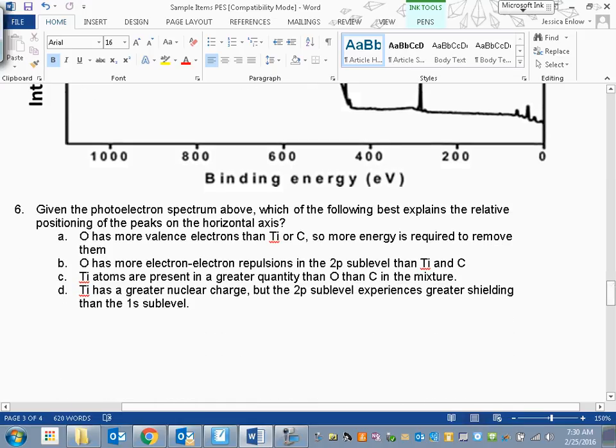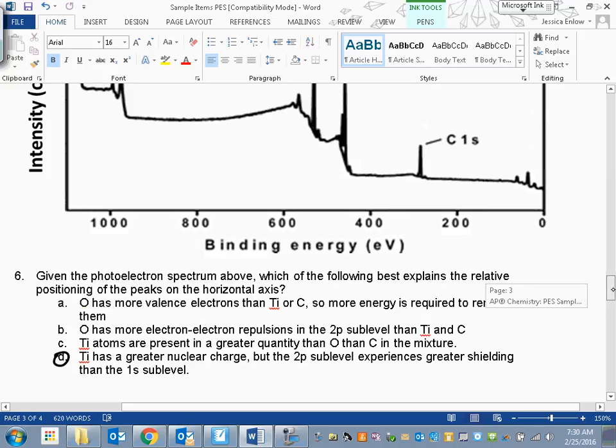Given the photoelectron spectrum, which of the following explains the relative positioning of the peaks on the horizontal axis? So these questions ask you to look a lot at the graph, but really you're trying to figure out which is the most true, which one doesn't contradict itself in the middle of the answer. Okay, so which is the best one here? D. Titanium has a greater nuclear charge, but the 2p sublevel experiences greater shielding than the 1s sublevel.